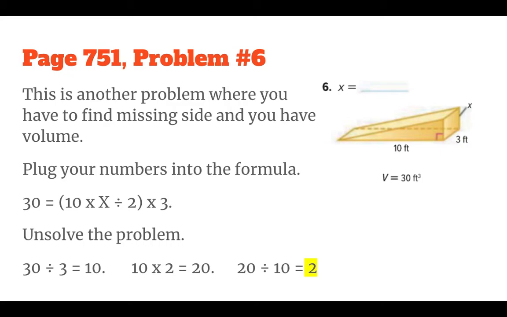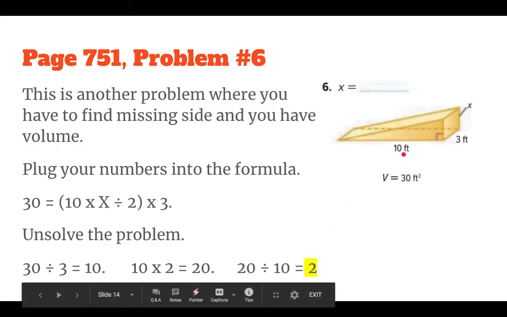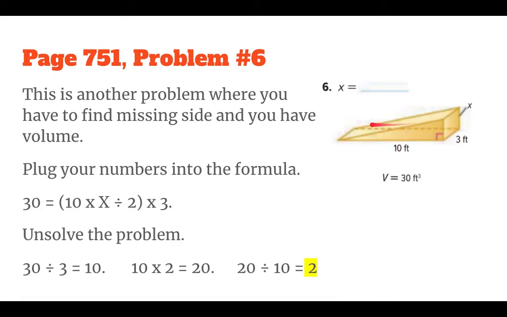I'd like you to look at page 751, problem 6. This is another problem you might realize. Again, the whole goal is to find the area of the triangle, right here, and times it by the height, which in this case is 3. But what you'll notice is they give you the volume, and what you're missing is this part of the triangle.